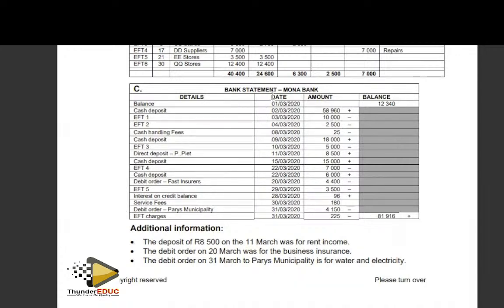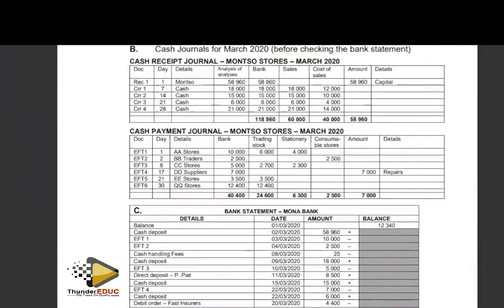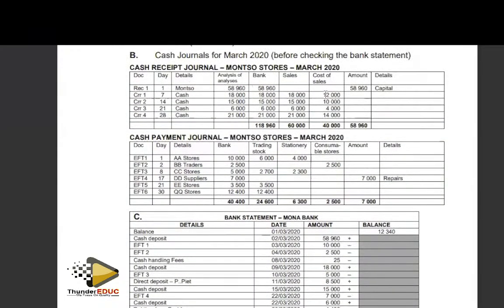Now, you need to understand what's going on here. This bank statement is coming from the bank. Okay? You yourself, during the month, have been recording the cash receipts journal and the cash payments journal. Look at these days, for example, 1st, 7th, 14th, 21st, and the 28th.